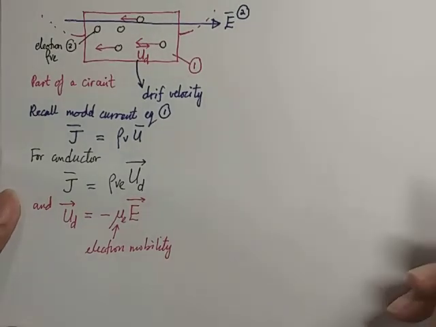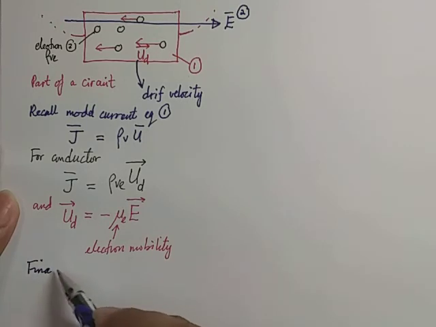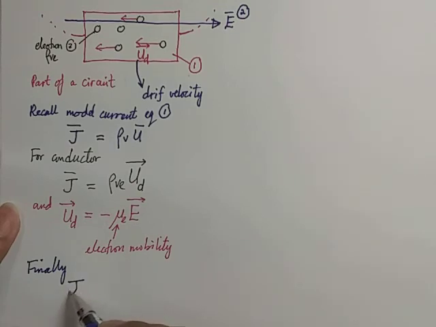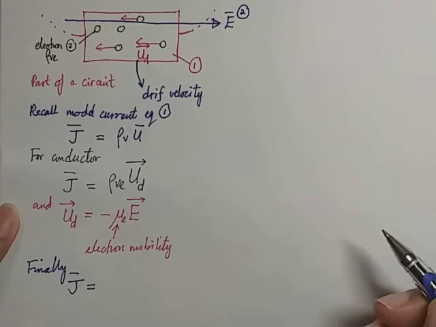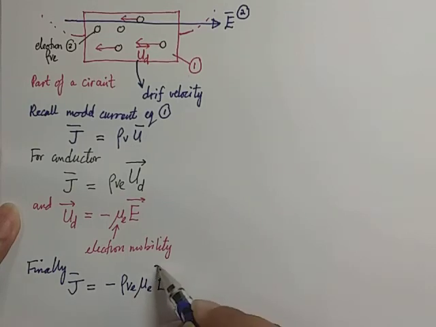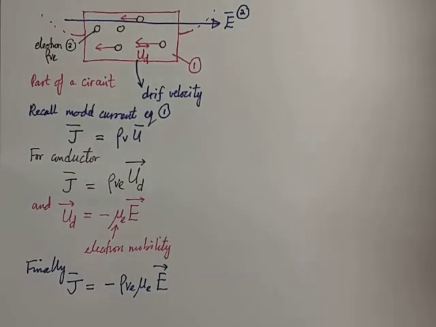And then when we substitute UD into the equation, what we're going to have is J equal to minus rho VE mu E multiplied by the electric field. As expected in our discussion, we now introduce an important parameter in conductors.